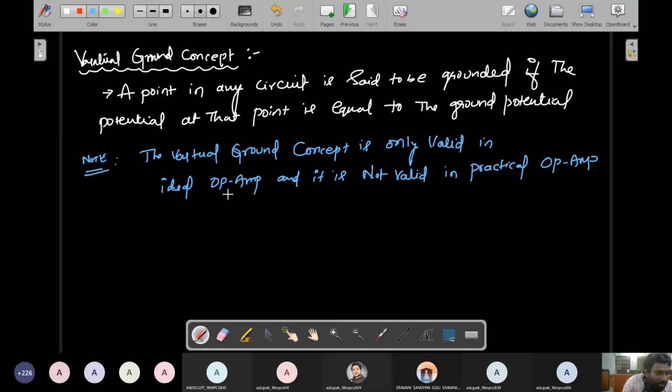It is valid only in an ideal op-amp. The second point is also a very important note point, because if you know these note points, you can understand the virtual ground concept. Next, I'll discuss the second point.